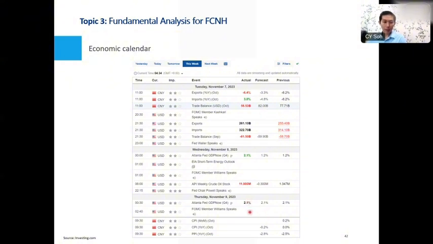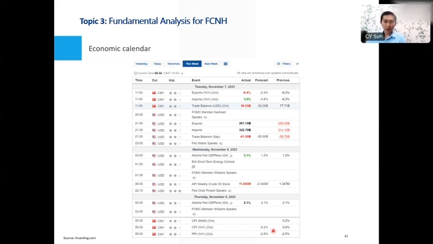Whereas at the bottom here, the actual figure is not published yet. As a general rule of thumb, if the data is not published yet, the actual would be empty, and what you can do is compare the forecast as well as the previous.